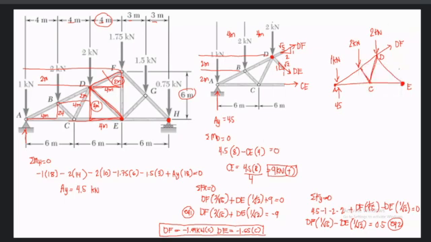Kasi diagonal force siya, no? So this is your DFx, now which is to be multiplied by 2 over square root of 5. And then this is your DFy, which is to be multiplied by 1 over square root of 5.